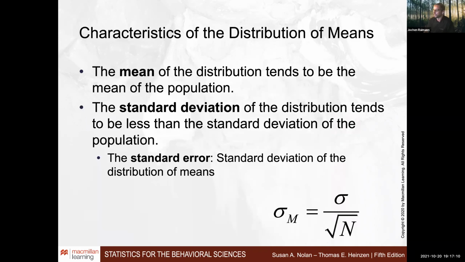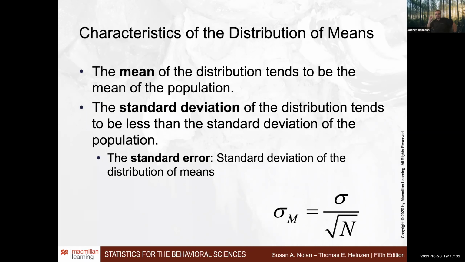The relationship between both is depicted here. It's the standard error of the mean, characterized here as sigma m equals sigma, which is your standard deviation, divided by the square root of the sample size n.